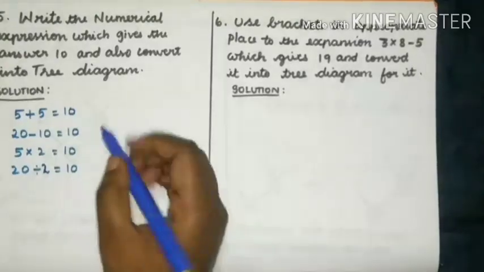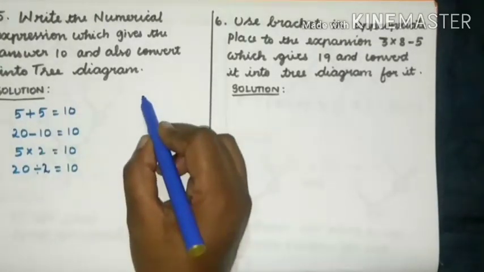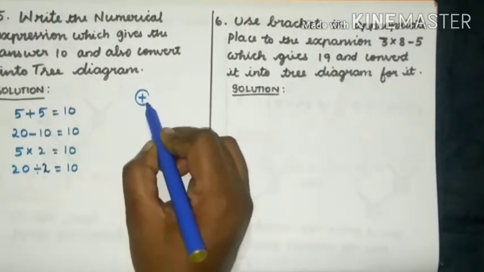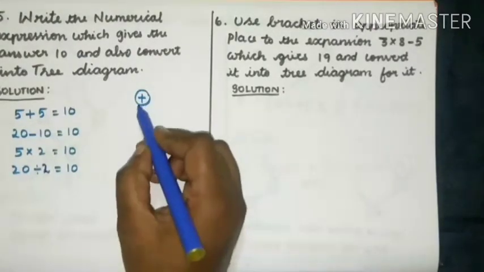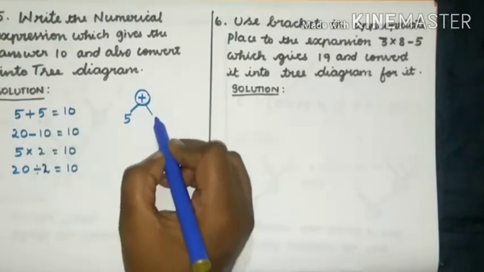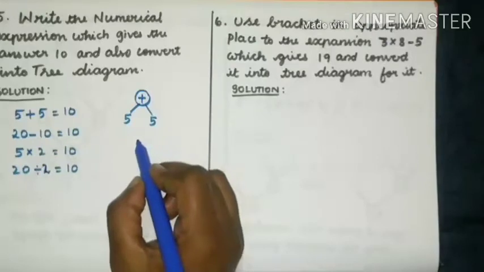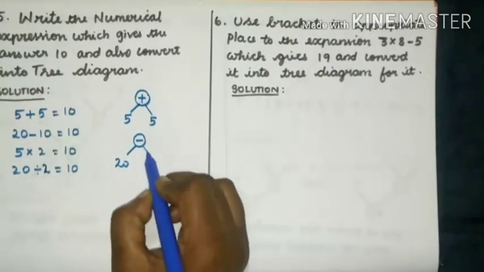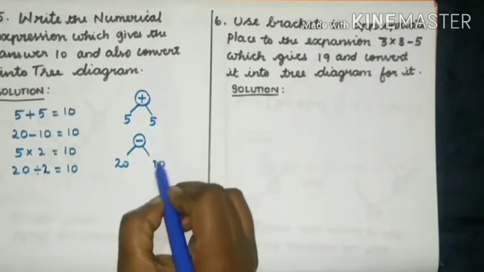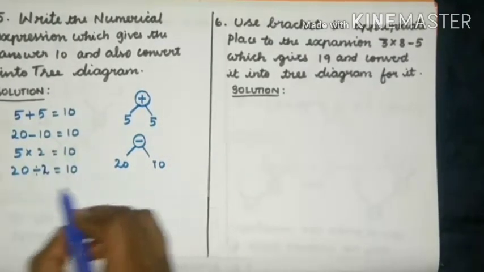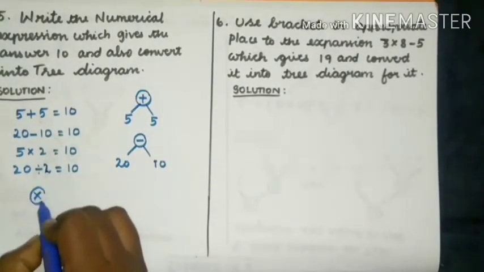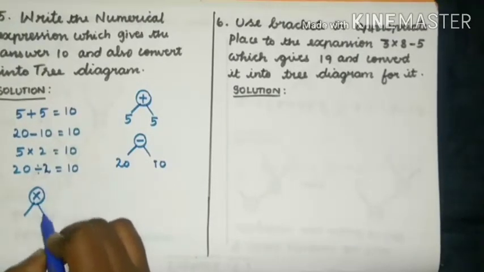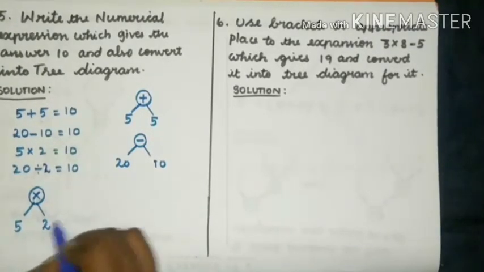a tree diagram. 5 plus 5 means you have to write the addition symbol here, then 5, 5. And for subtraction, you have to use the subtraction symbol, 20, 10. And for multiplication, you have to use the multiplication symbol, 5 and 2.